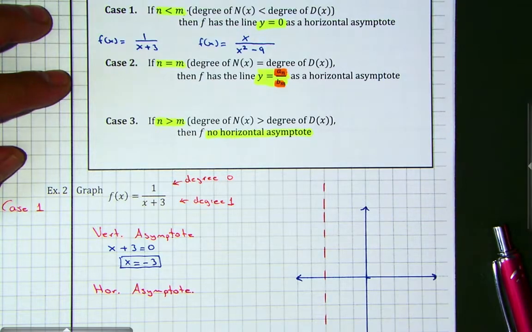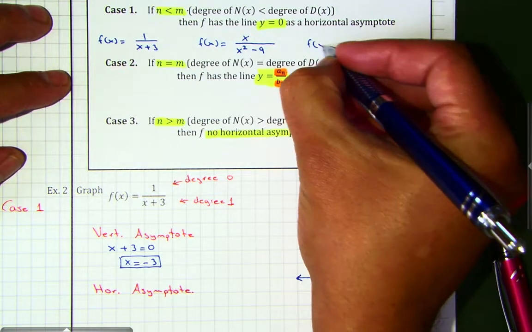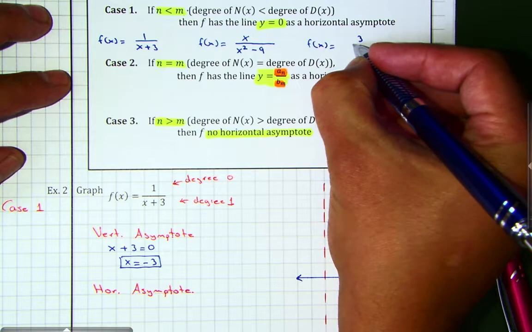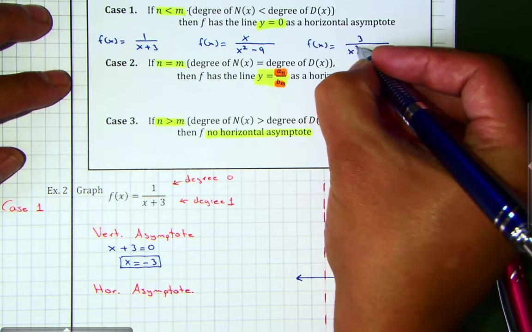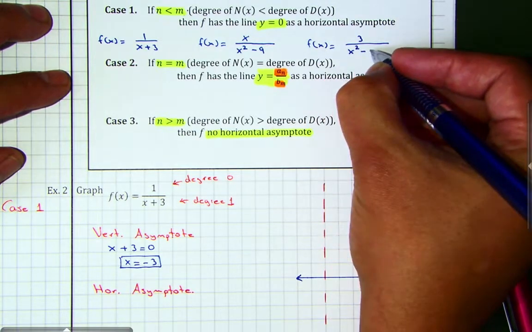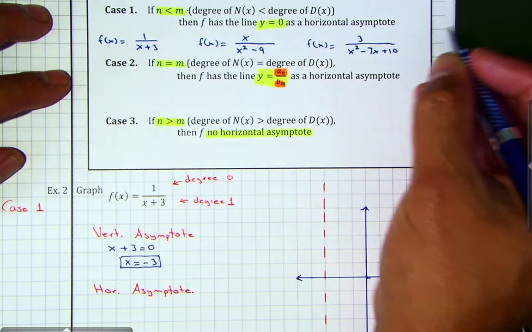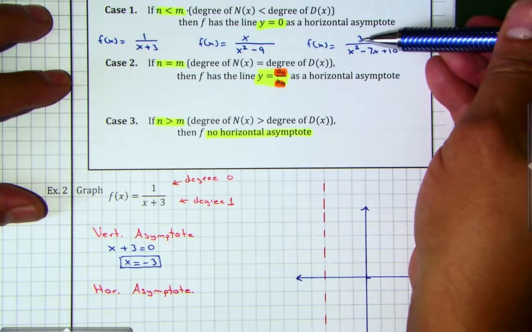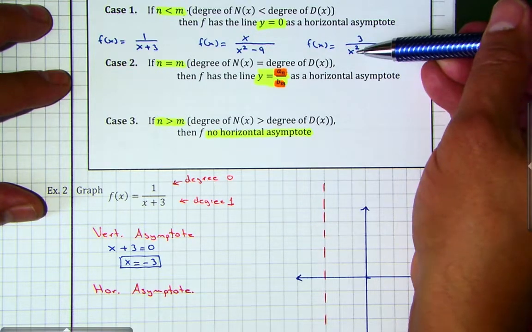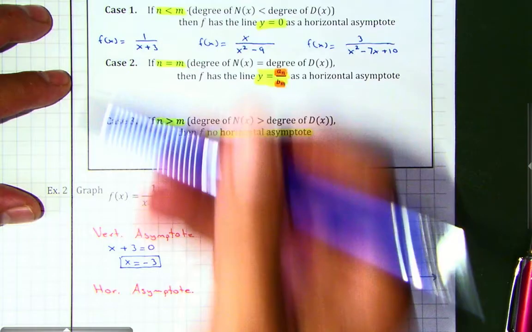Or if you have f of x equals 3 over x squared minus 7x plus 10, then your numerator has a smaller degree than your denominator. So all three of them will be case 1.